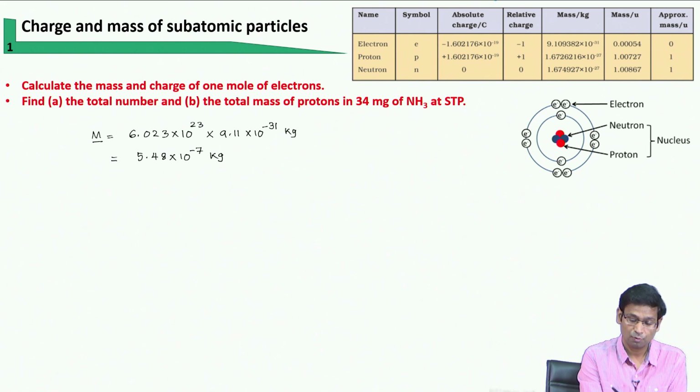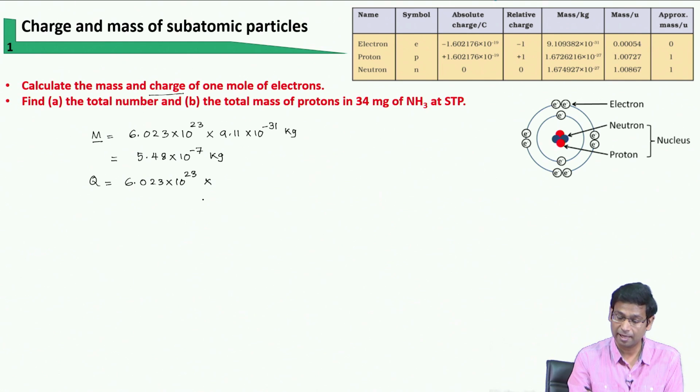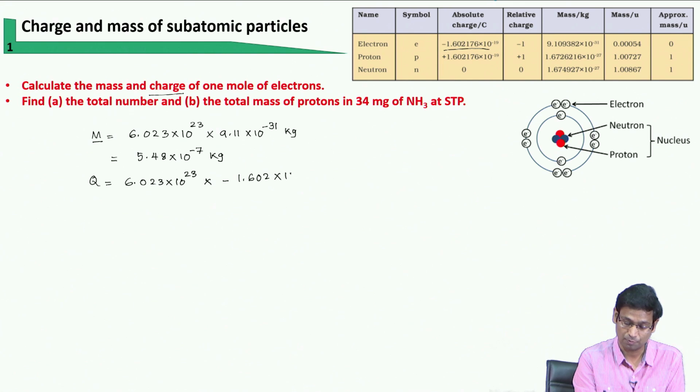Let us find out the charge of 1 mole of electrons. Again we have 1 mole of electrons, so 6.023 × 10^23, and we now multiply by the charge of the electron, which, you remember, is a negatively charged particle. So minus 1.602 × 10^-19, and the unit is coulomb.